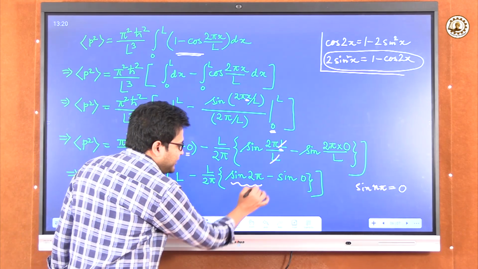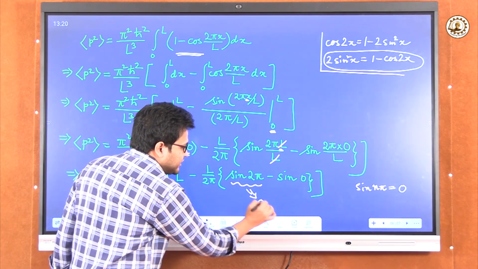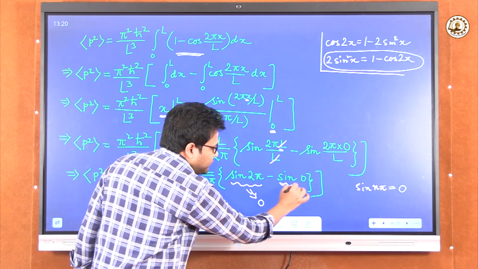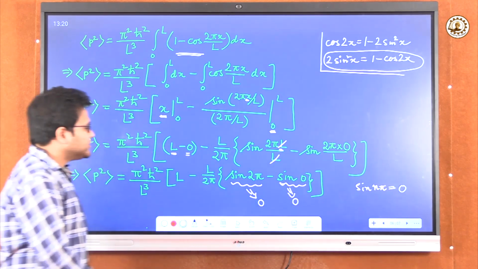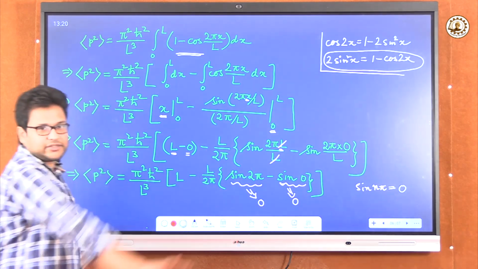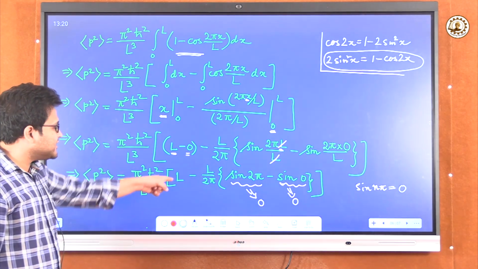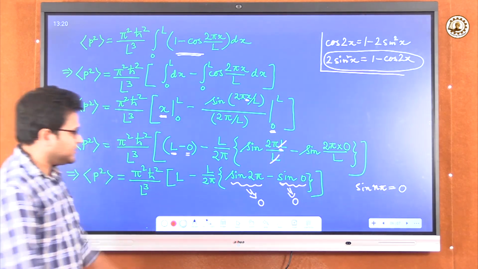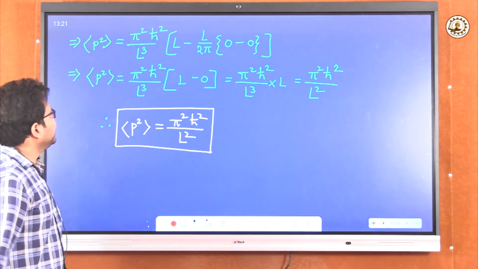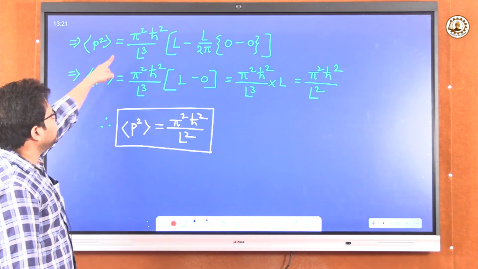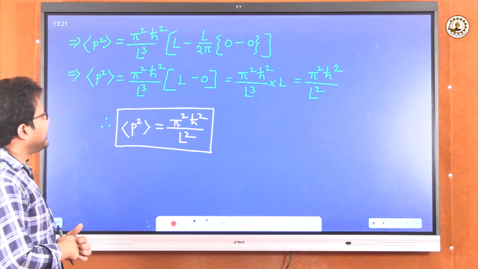So this sine 2 pi becomes 0, and the same goes for sine 0. So the second term vanishes, and the only term that survives is the first term, that is L. So in the next slide we have average of p square equals pi square h star square by L cube.